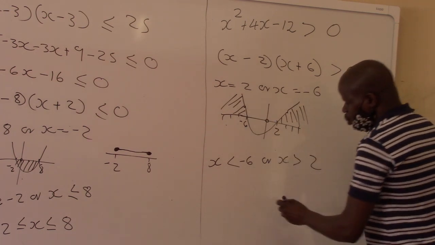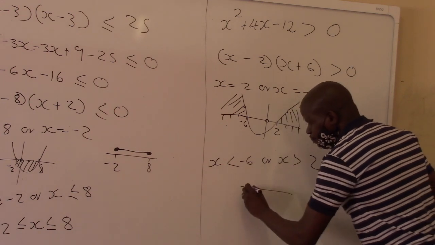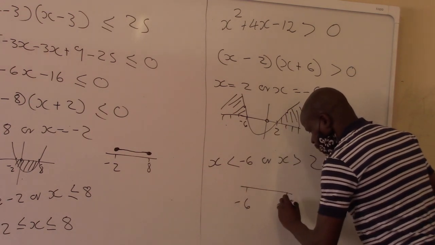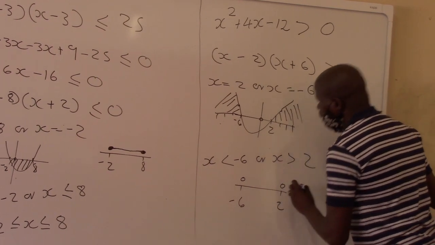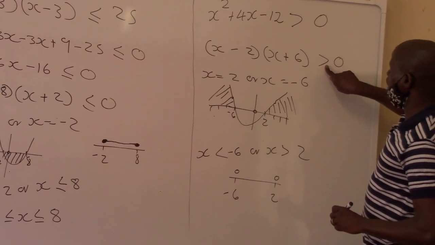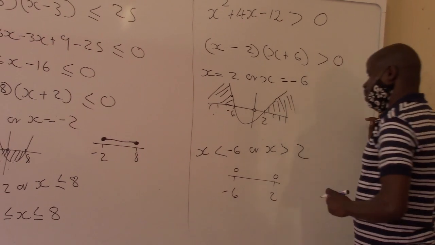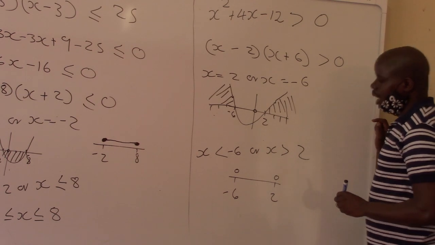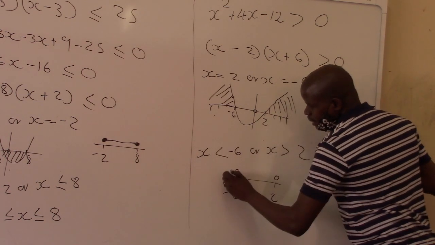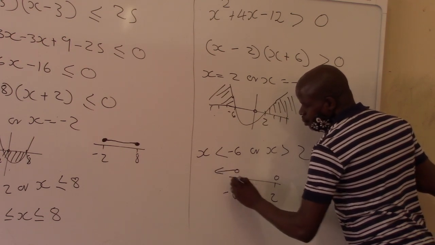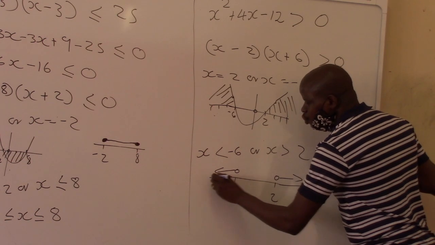So when we use the number line, it's negative, it's positive. Because there is no equal sign here, it's just greater than, it means we leave those little circles open. Because it's less than, this one is going this way, and this one is going that way. So that is how you show this on the number line.